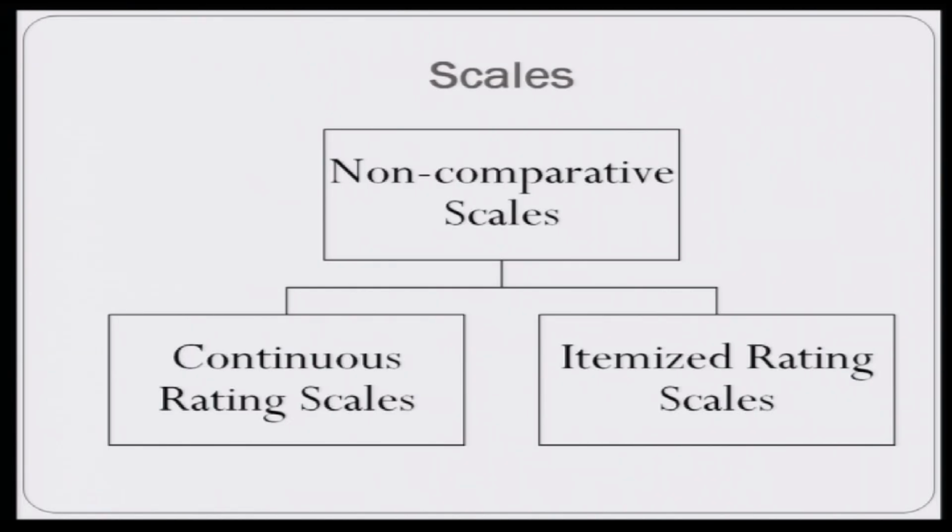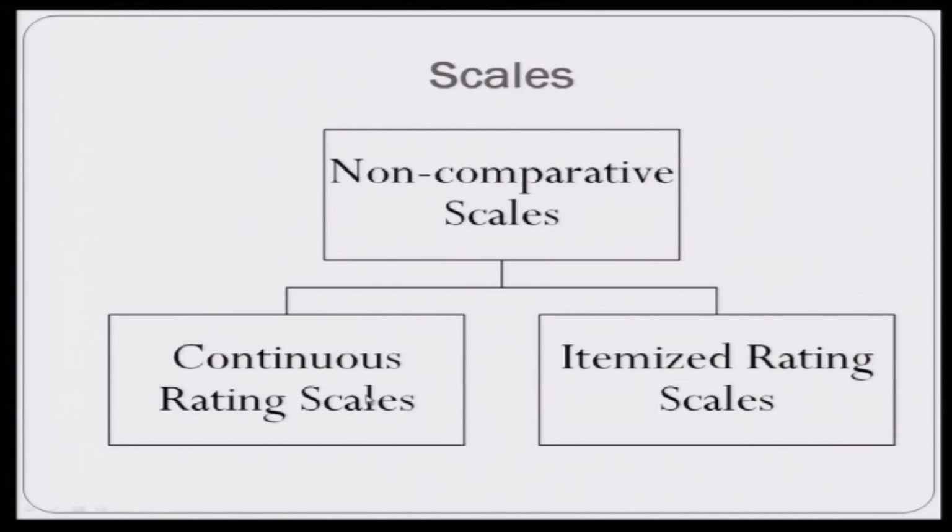The most common types of scale used in marketing are non-comparative scales, where each item or each property is measured independently, each property of an object independent of the other objects or other properties. The scales in this non-comparative category are continuous rating scales and itemized rating scales. Most commonly we use itemized rating scales.